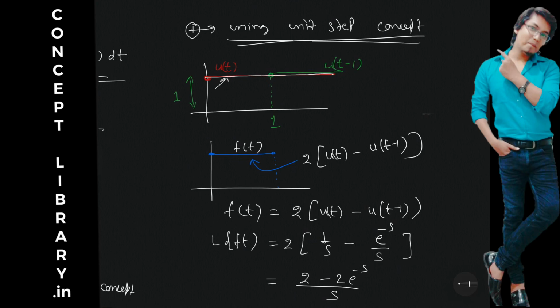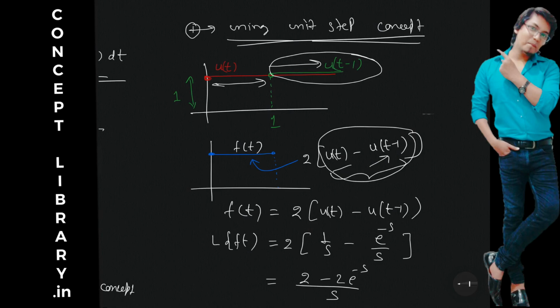It is starting from 0, so this red line I can show by u(t). In the same way, this green line I can show by u(t minus 1), correct? If I subtract this green line from the red line, I will get this remaining line.